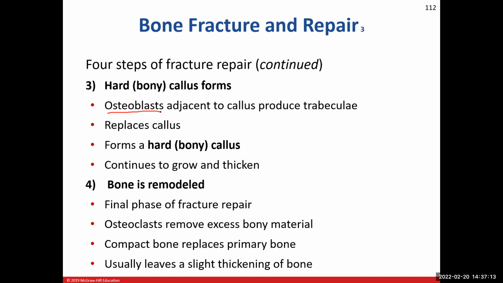The osteoblasts infiltrate the area, and they are going to start to grow and form trabeculae. And we saw what trabeculae looked like from the trabecular bone. And so now we're going to replace the fibrocartilaginous callus with a bony callus.